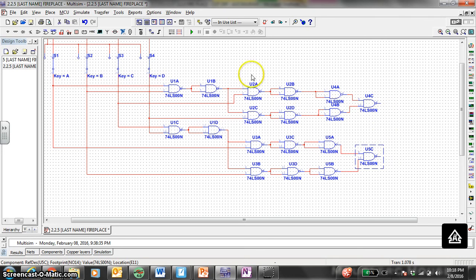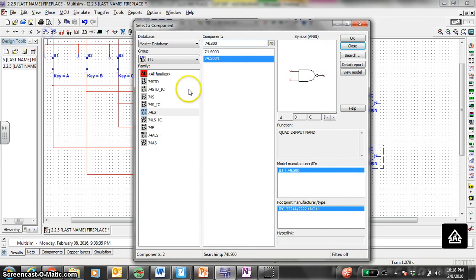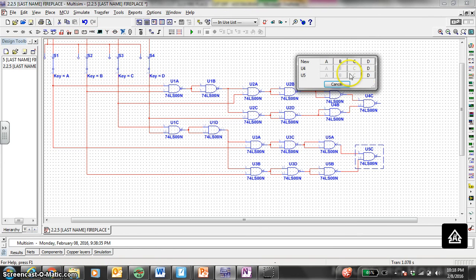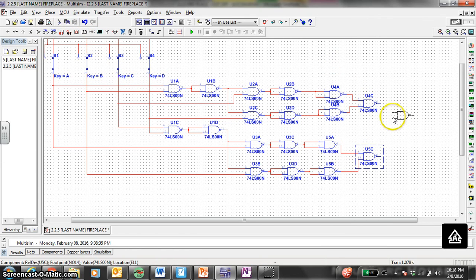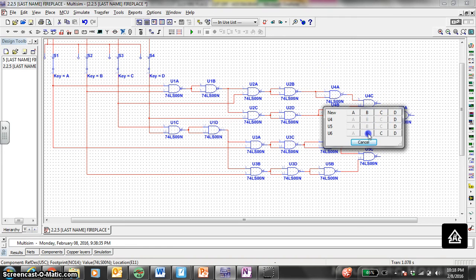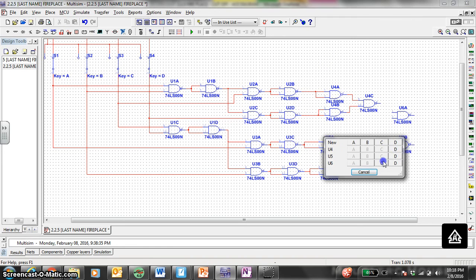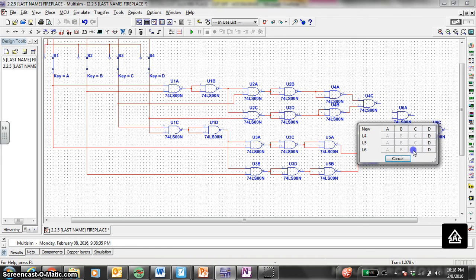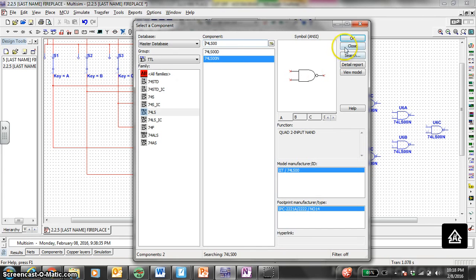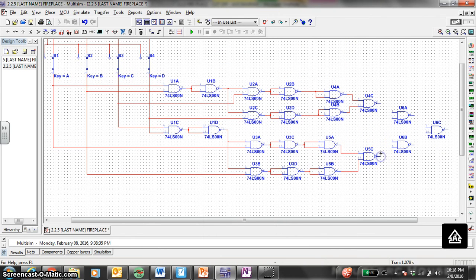We need to combine these again. Let's use a 3rd chip. Yes, we are using a lot of NAND chips, but that's the whole point of this project. Let's use a new chip. This is the 6th chip. That's why it's U6 here. Use the C gate. Let's see how this works. Close. This one gets split here. If I'm reading the diagram right, this one gets split here.